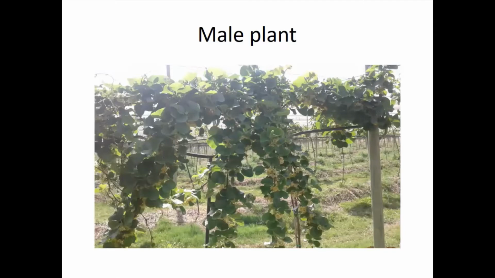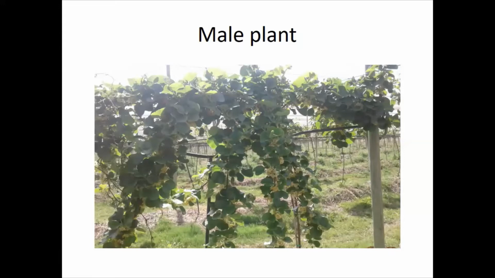Okay, I just want you to clear me on this. These two flowers, you need to have two different plants for them? Yes, they are both borne on two different plants. It's dioecious, so it has a male plant and a female plant.